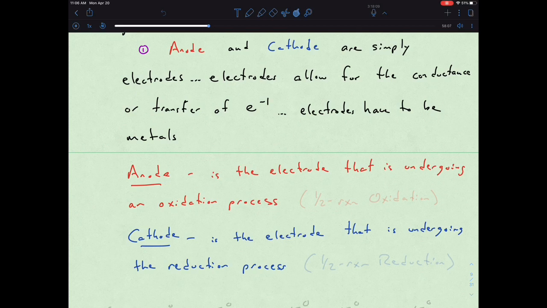So those are the two pieces, right? The anode and the cathode. And you could almost look at it more like this, that the anode is the half reaction for oxidation, while the cathode is the half reaction for reduction.